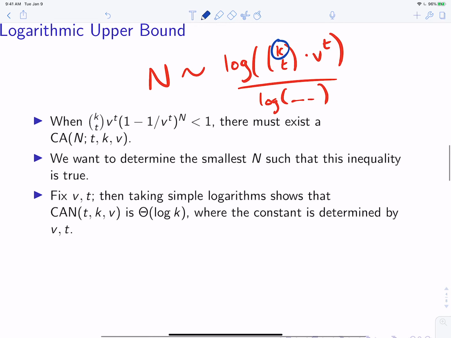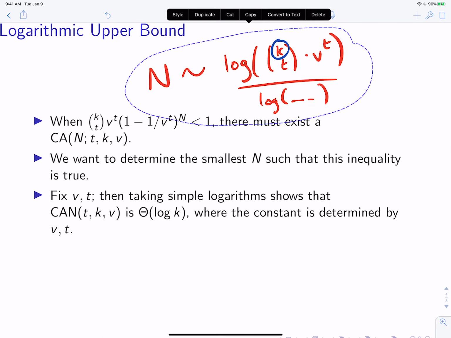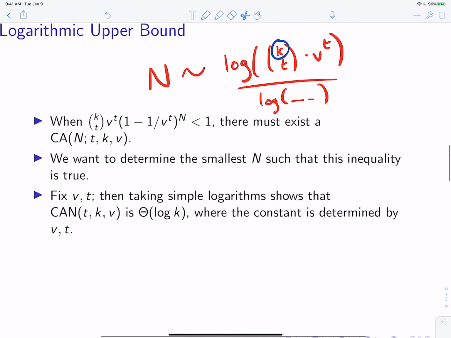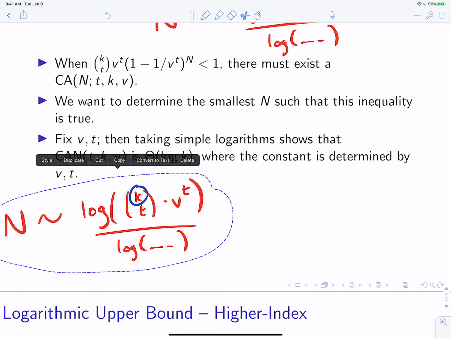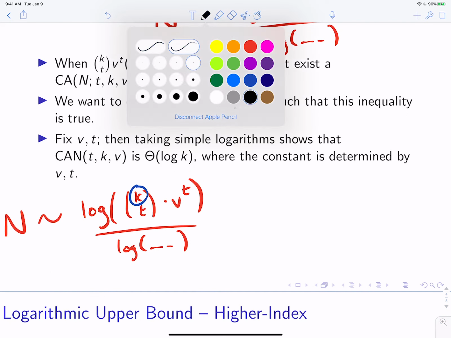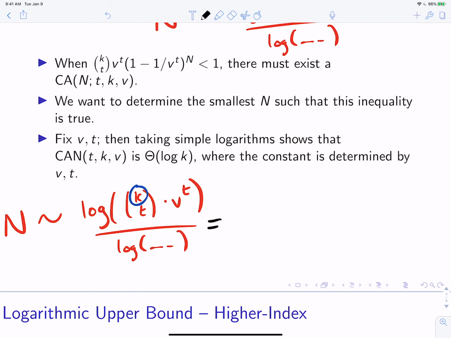So I'm going to move this down here. As was pointed out, let's simplify this. I'm going to remove the downstairs because it's just some constant involving v and t, which we're going to ignore anyway.